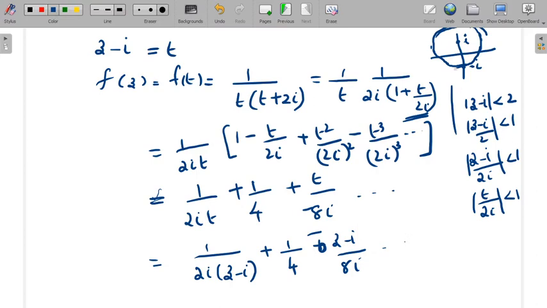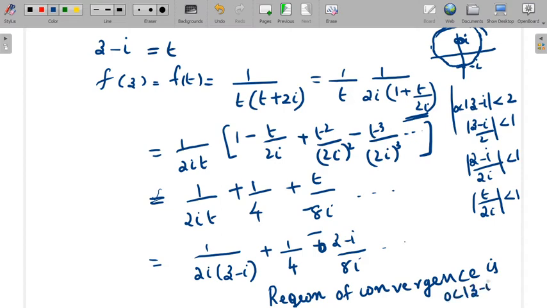So see, we have expanded this function in this deleted neighborhood, 0 less than mod z minus i less than 2i, and hence you can say the region of convergence, or the region where this series will converge to the given function, is 0 less than mod z minus i less than 2.